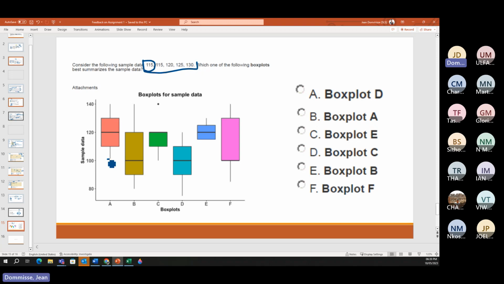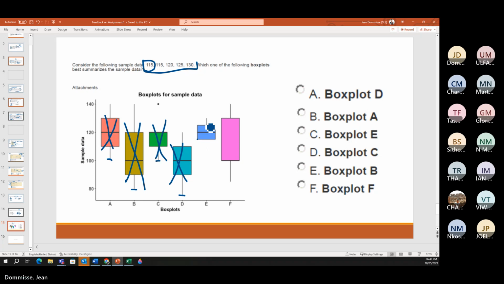Okay, minimum here 100, so it's not 115, can't be. Minimum here is 80, not 115, can't be. Minimum 115, minimum 100, can't be. 115, less than 80 even, can't be.